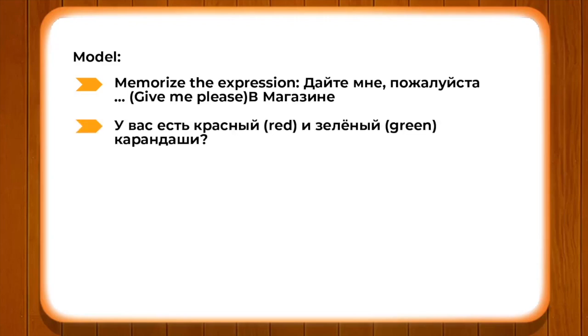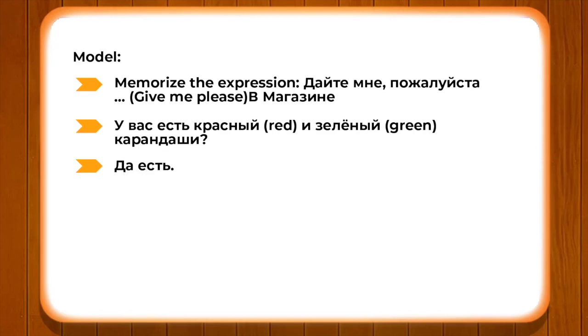У вас есть красный и зеленый карандаш? The person is asking: У вас есть, do you have, красный, which means red, and зеленый, which means green, карандаш. Карандаш we already know means pencil, but when combined together it will be plural. У вас есть красные и зеленые карандаши? Then the next person answers, да есть.